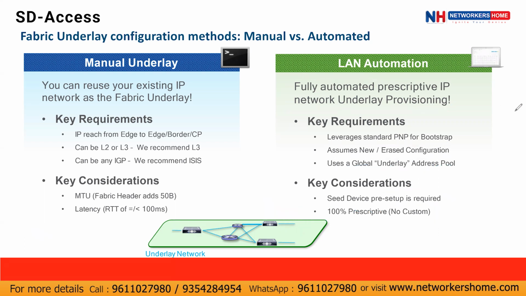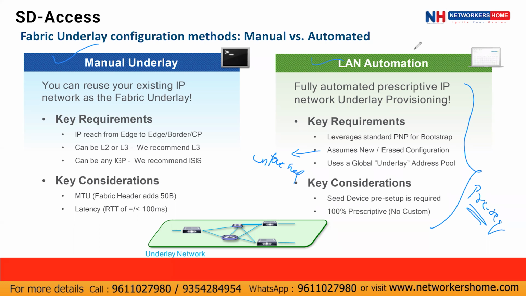But again, as I discussed, this comes with all these prerequisites, the untouched part. So better prefer manual underlay first, and later on when you know the exact traffic flow and how it works, then we can perform the LAN automation.